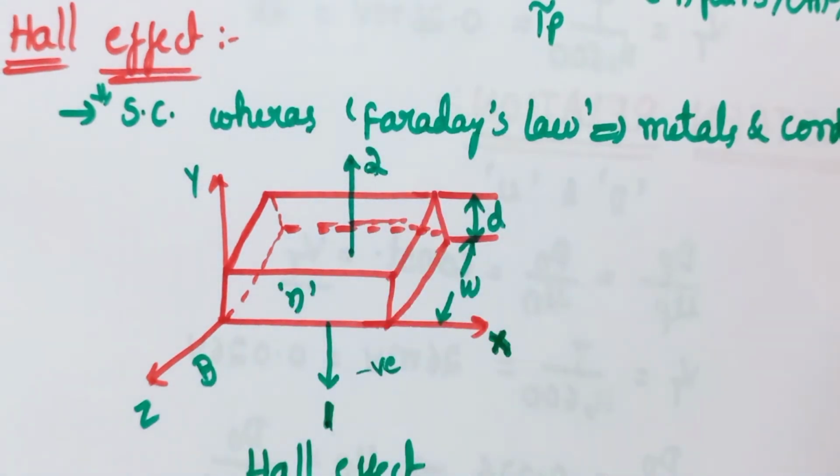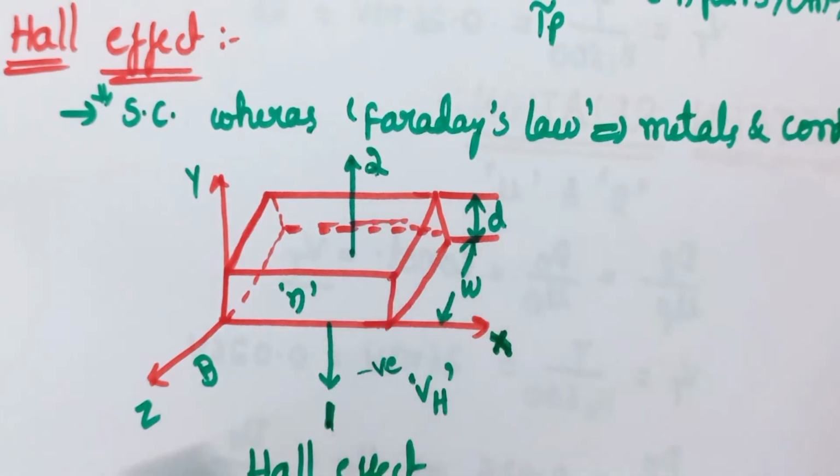Hence a potential VH, that is called the Hall voltage, is developed. Hall voltage appears between the surfaces 1 and 2. So due to this movement of electrons, a voltage is developed across the surfaces 1 and 2. This voltage is known as the Hall voltage and is represented by VH.